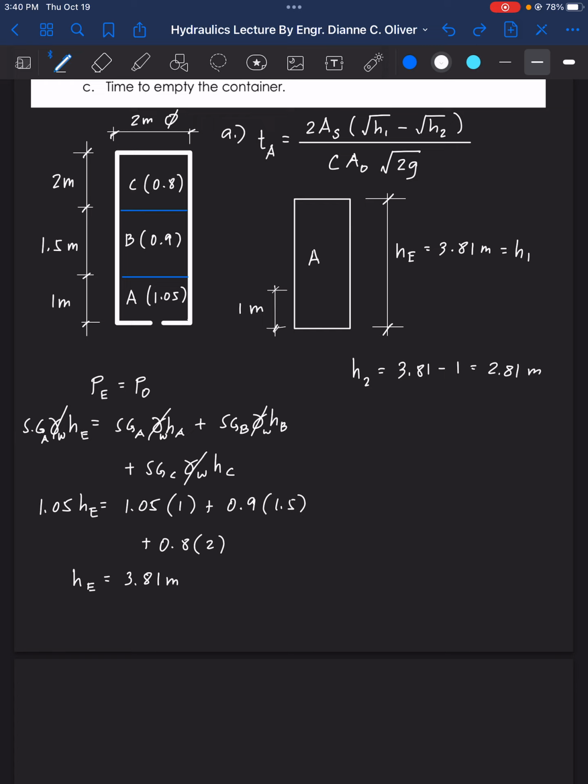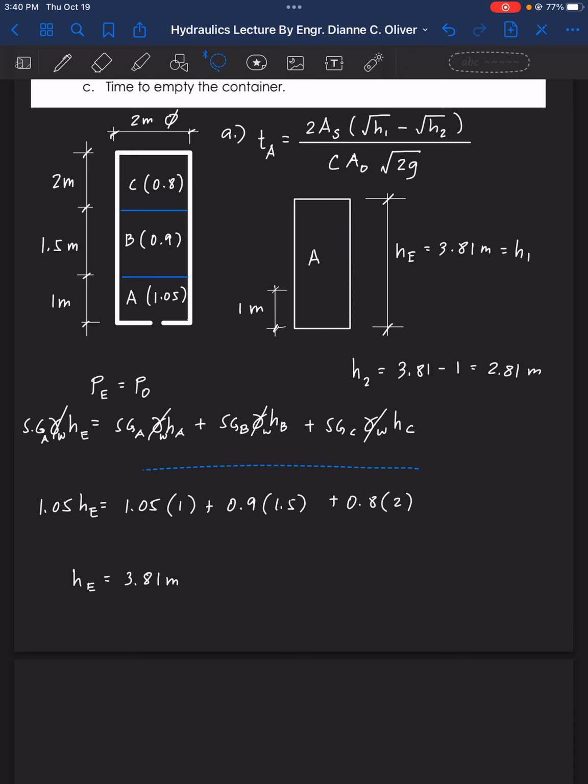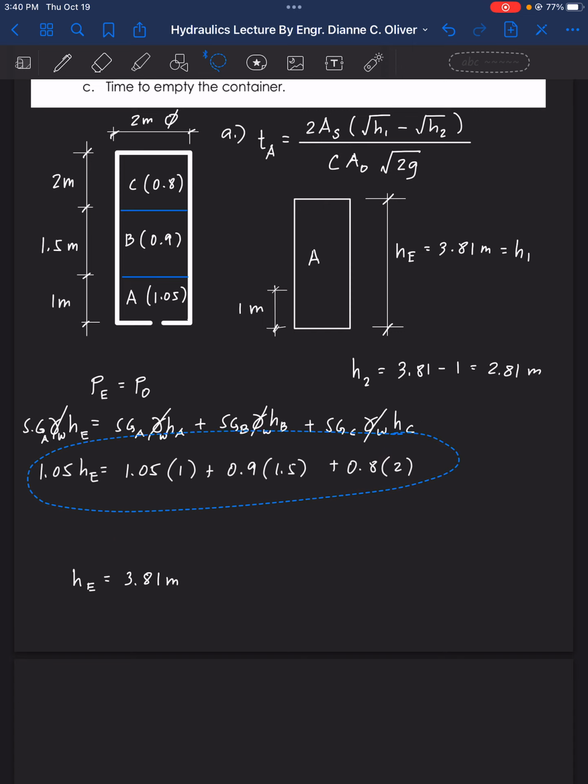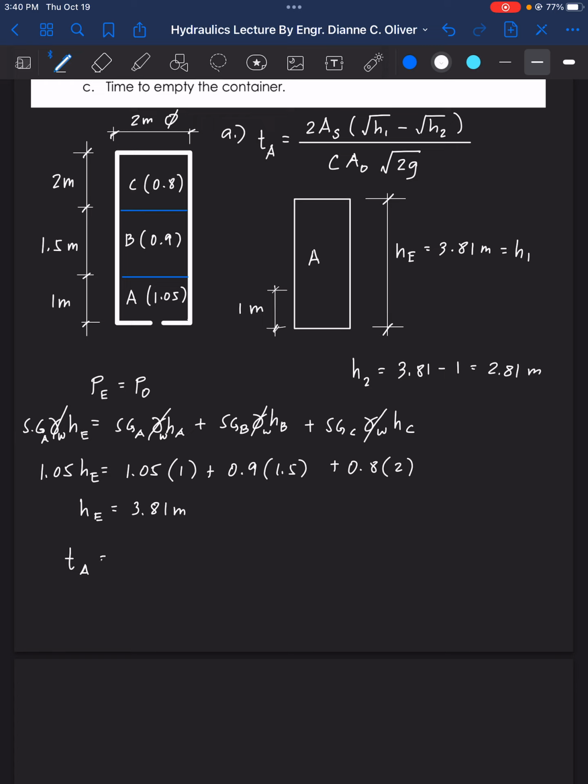Therefore, our time T from our formula here. Time A is equal to 2 times the surface area.